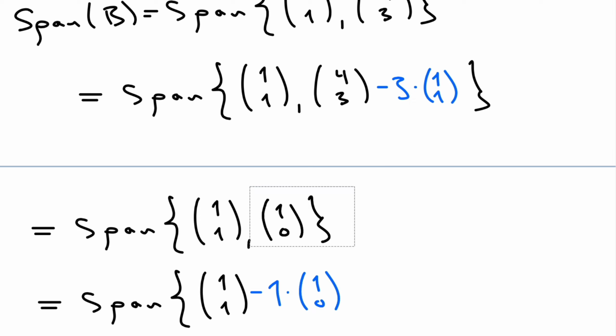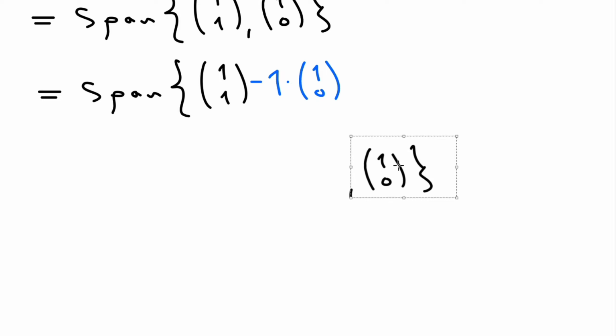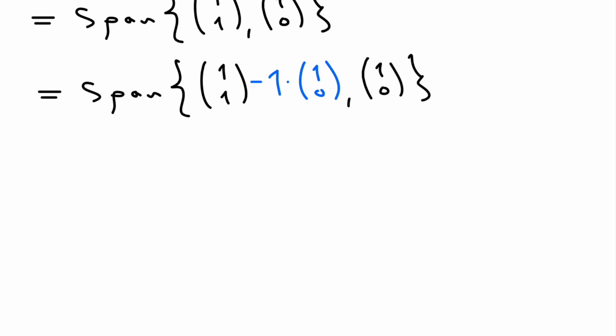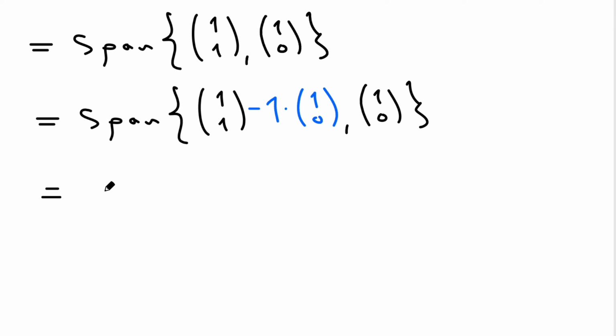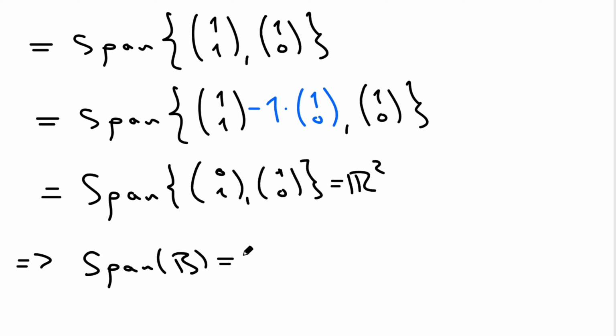That's what I'm really doing. Okay. But this is exactly the span of the standard basis. And we're assuming that we know that the span of the standard basis is just R2. So if we sum up, we found that the span of B equals R2.